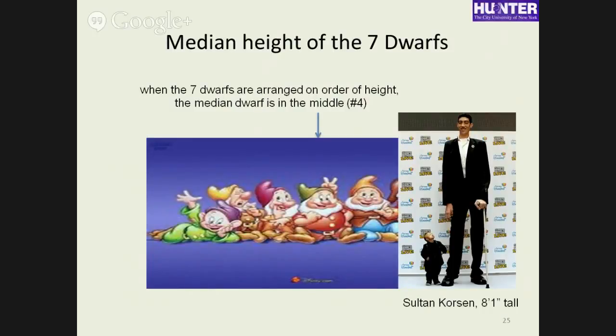But the other thing to note is that if you replace the dwarf on the right with the tallest man in the world, then the median doesn't change at all. So it's robust to outliers. It doesn't matter whether your largest observation is close to the second largest or completely off the charts. It doesn't change the median.